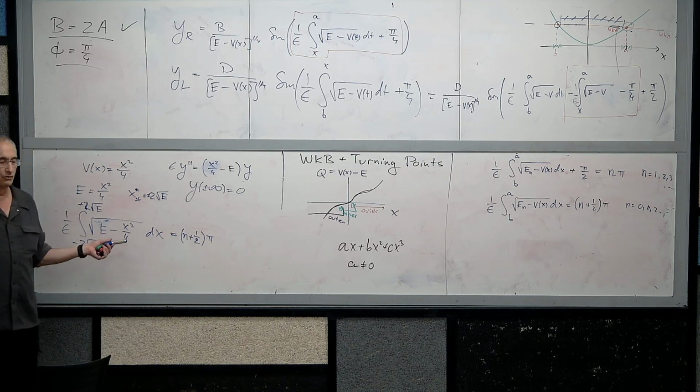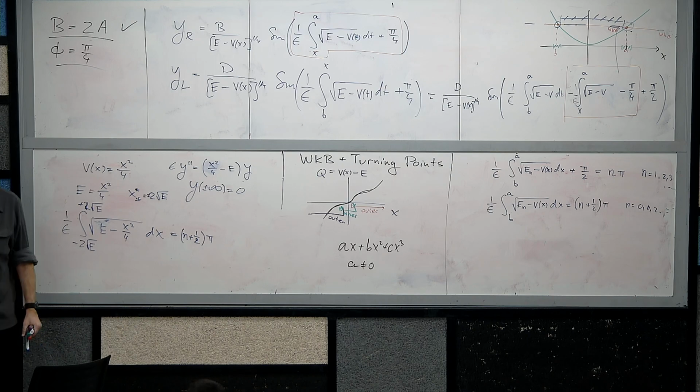By the way, do you recognize this integral? What is that? Yeah, of course. You can use it. I wanted to do that, but I have no time. I will just tell you that this integral gives you 2E times pi over 2.